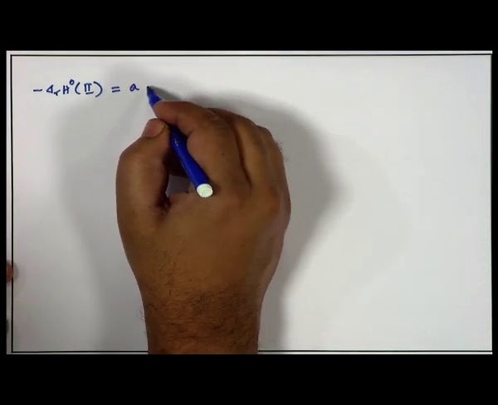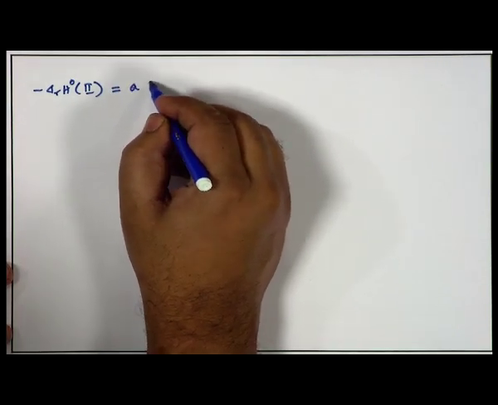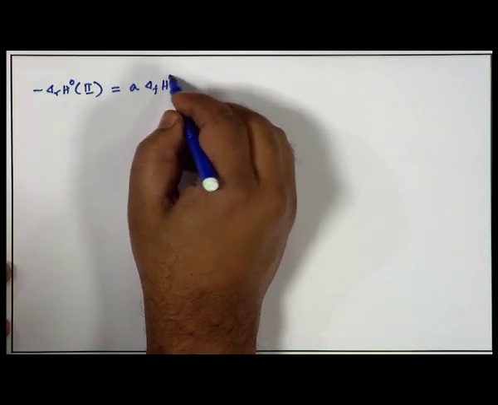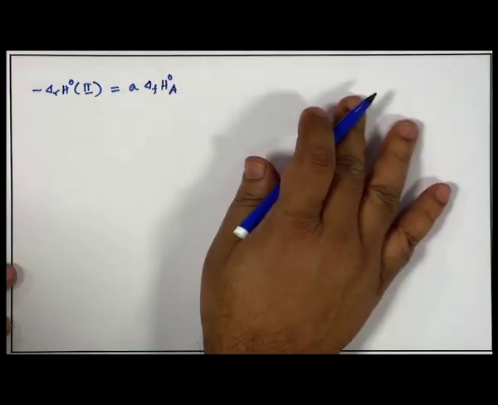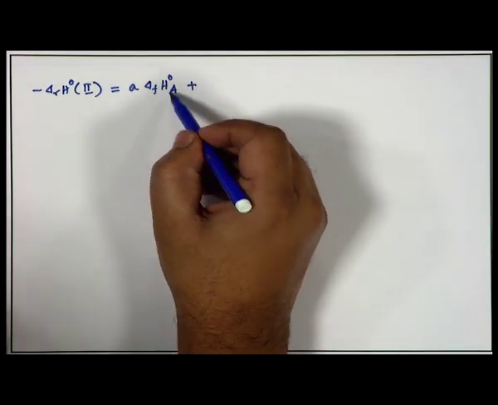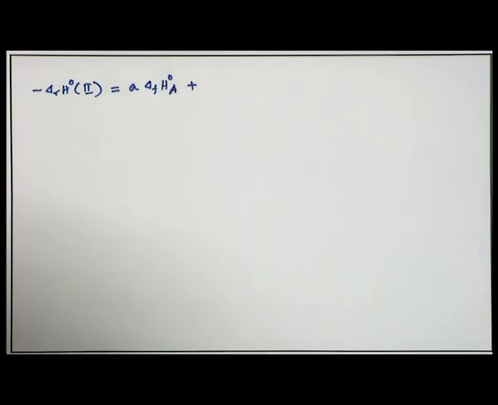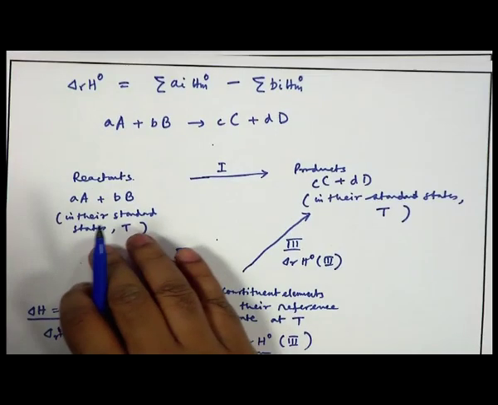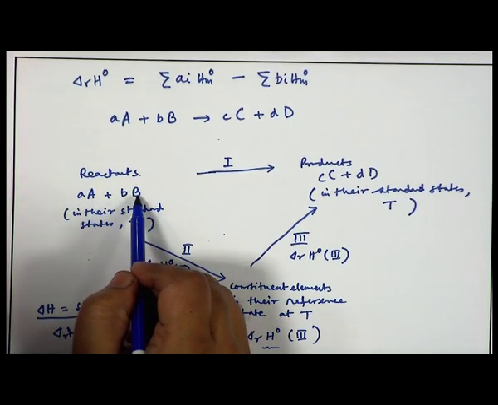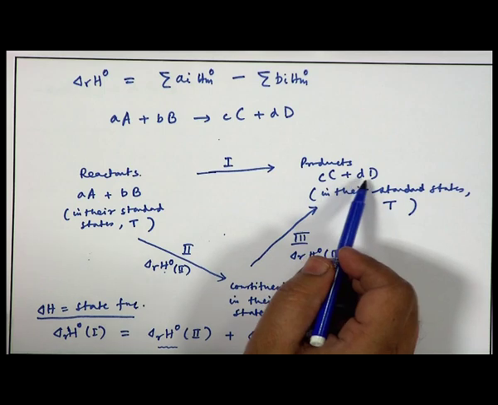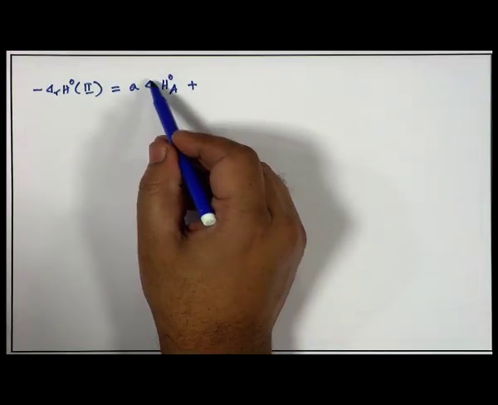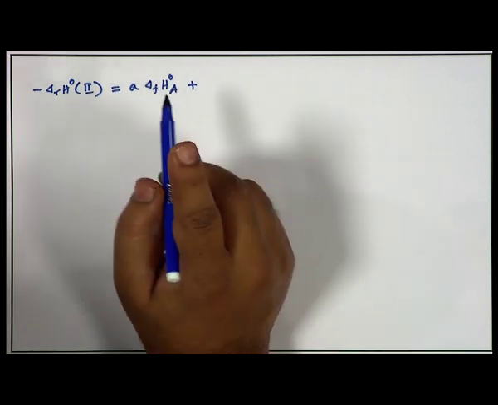We can write this as the formation of A moles of A, because the heat of formation is for 1 mole and we are dealing with A moles in this case. In this reaction we are dealing with A moles of A, B moles of B, C moles of C and D moles of D, and delta H of formation is for 1 mole.